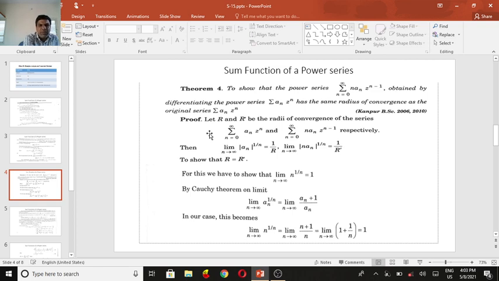So our aim is to show that limit as n tends to infinity of n^(1/n) is equal to 1.